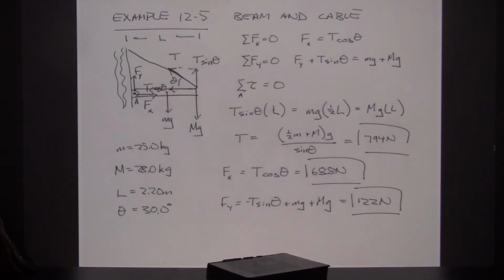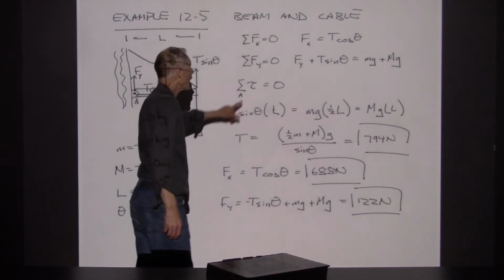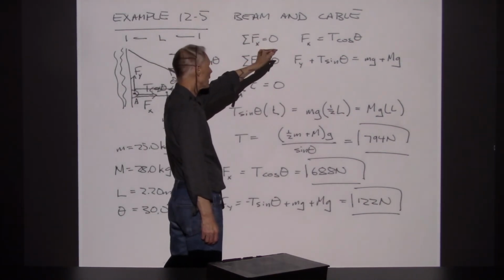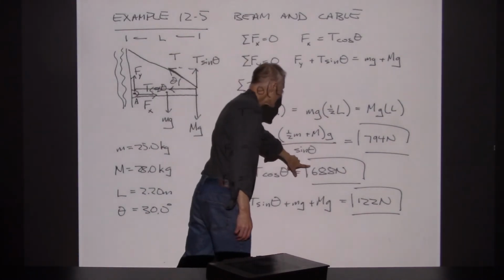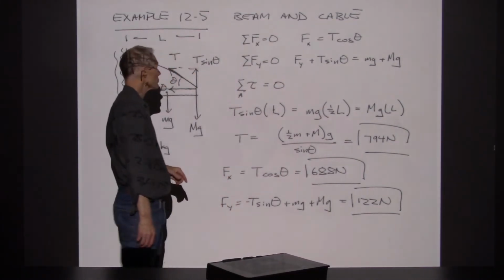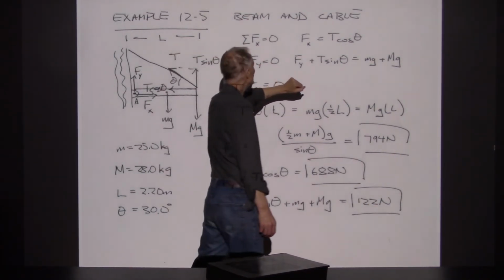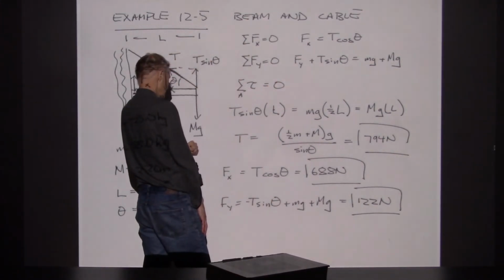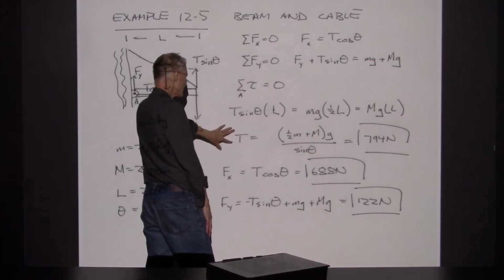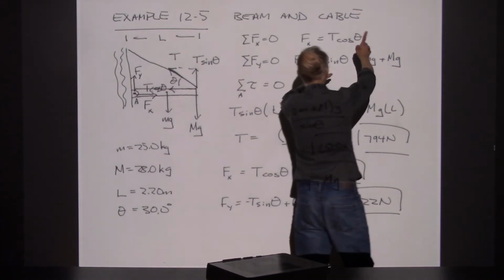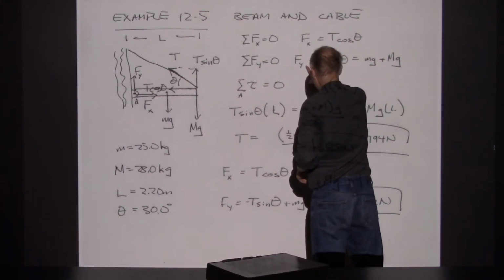So I can go back and see what the force is for that, and I'm getting the 794 newtons. Now, once I've got the tension figured out, I'm going to go back to that equation, plug the numbers in, and calculate Fx. Fx comes out to 688 newtons. Once I get the tension calculated, I can plug it into here and here. Those will give me Fx and Fy.